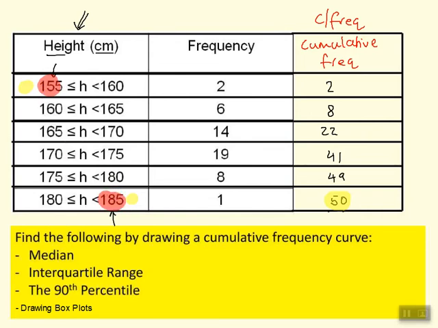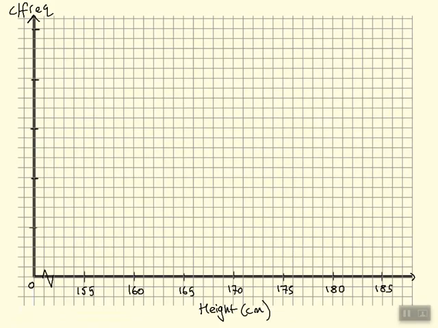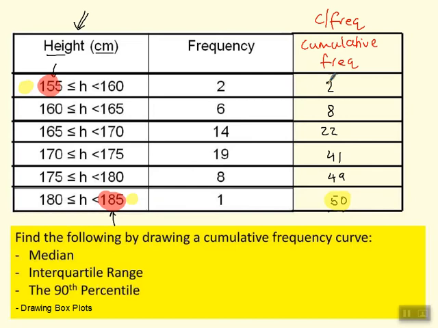Because there's a big gap from 0 to 150, this squiggle here, which you've probably seen before, means you're ignoring the numbers from 0 to 150. You're just going to start at 155 and then go up in 5s. Now if we look at the cumulative frequency values, we should start at 0 and go up to 50, because that's the highest cumulative frequency value.